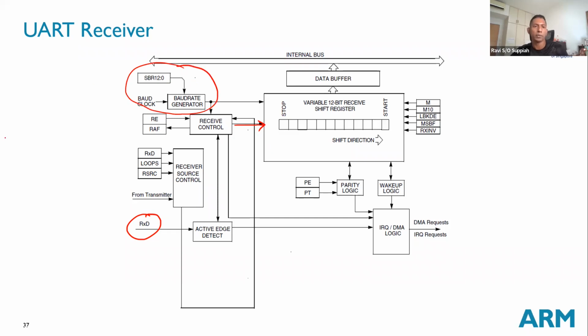So transmitter and receiver both must have the same baud rate to make sure that the sampling is done correctly. As you receive the data serially, you shift it into a register, and eventually you convert the serial to a parallel format when you read the entire register out. Again, as before, if you want any interrupt, you can configure those interrupt bits accordingly.